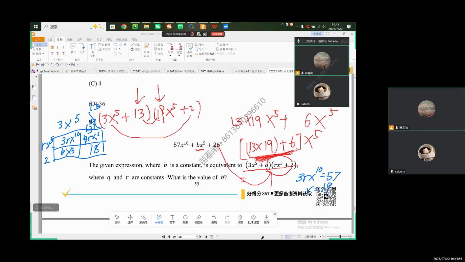So this kind of question happens sometimes. It's basically a factorization, but other than factorization, it's also better to use expanding. If you expand, we will see it maybe a little faster.